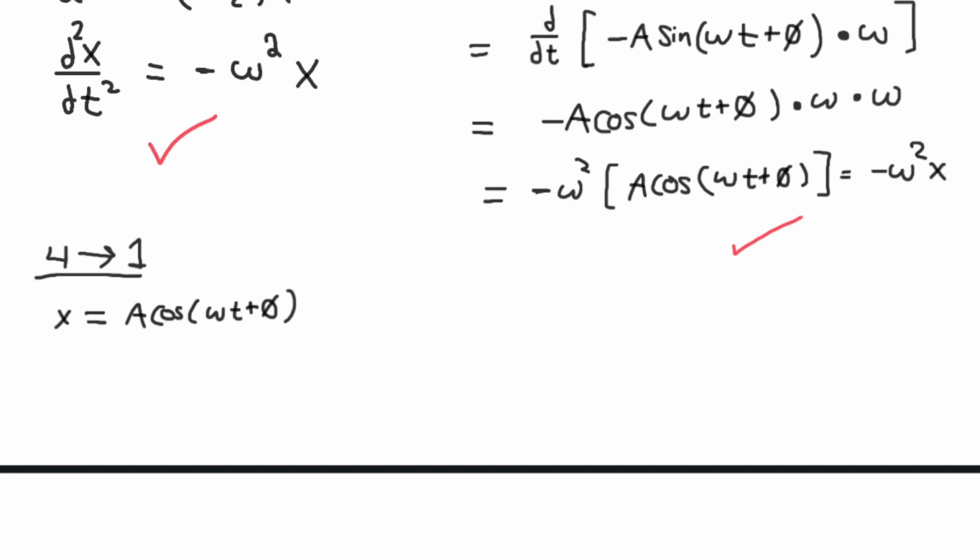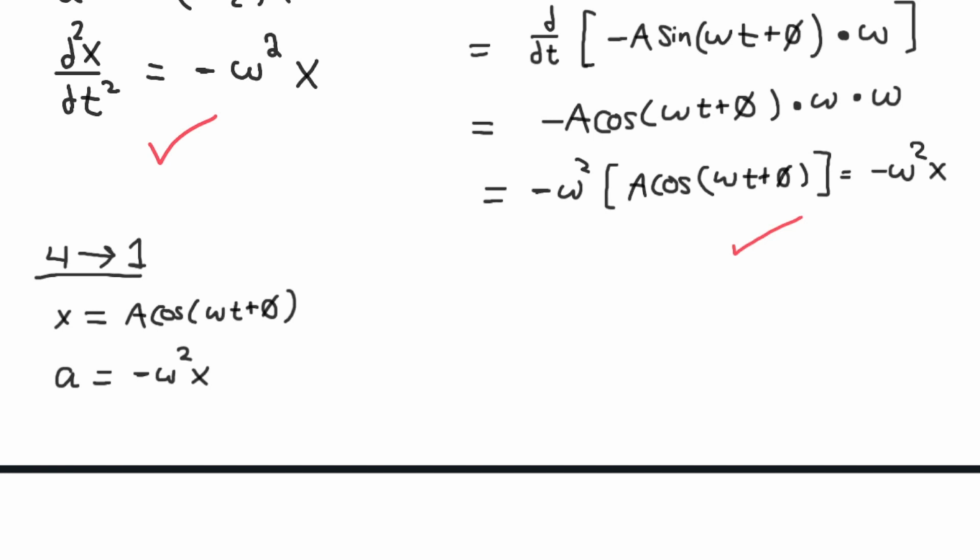So force is our connection to energy, and force is related to acceleration. If we take two derivatives, we get that the acceleration of the particle is equal to negative omega squared times x. I didn't assume that, but you can pretty easily show that that's exactly what we did in the last part. So just starting from condition 4, I proved this.